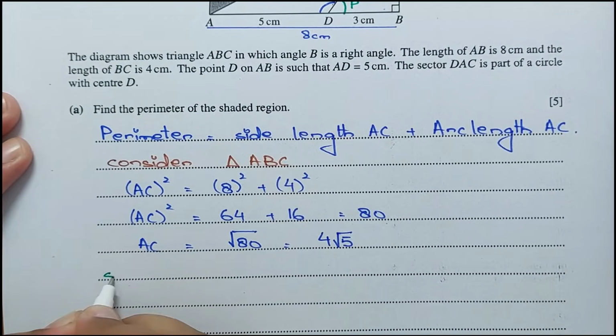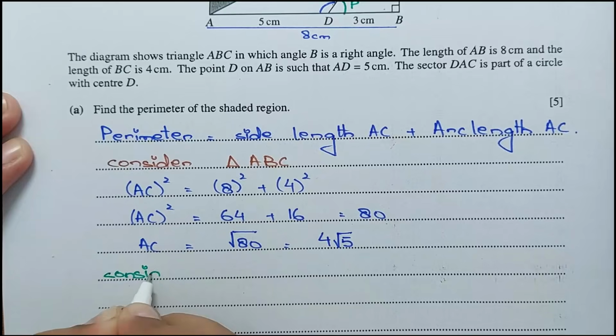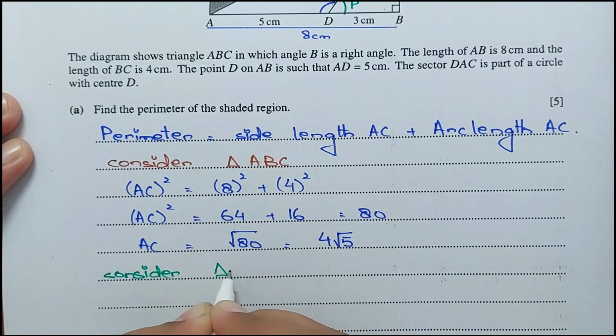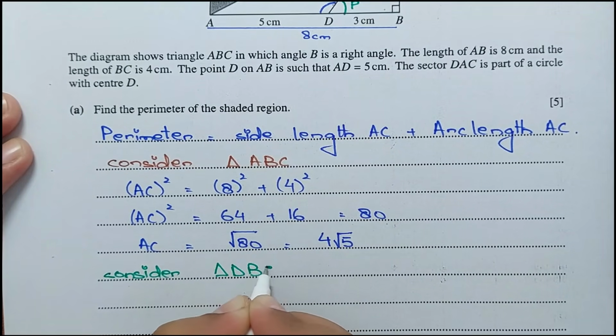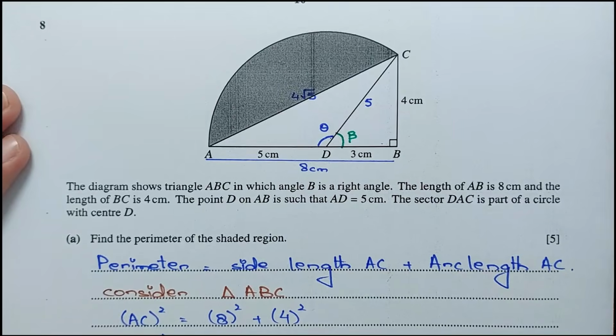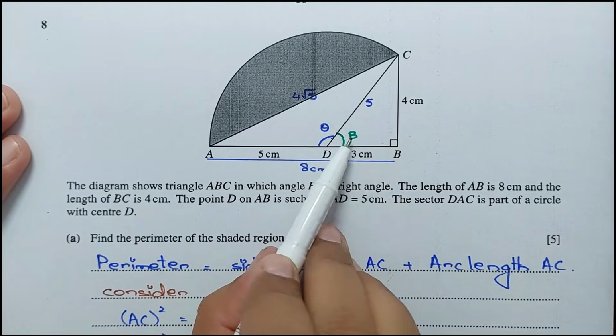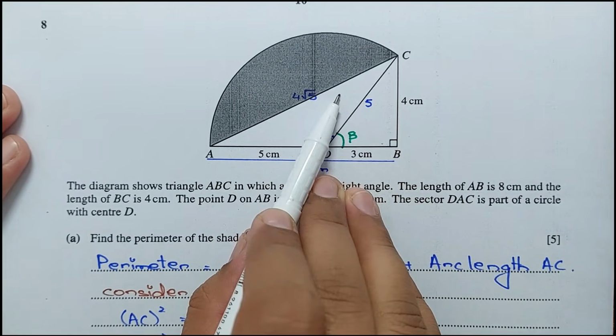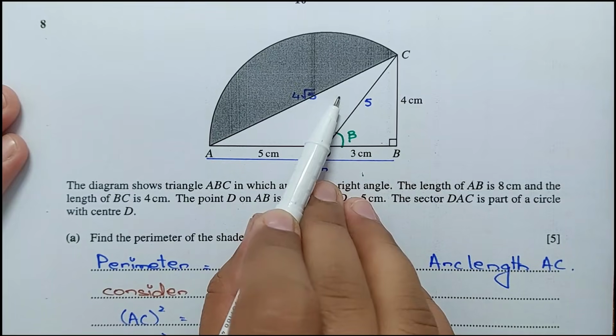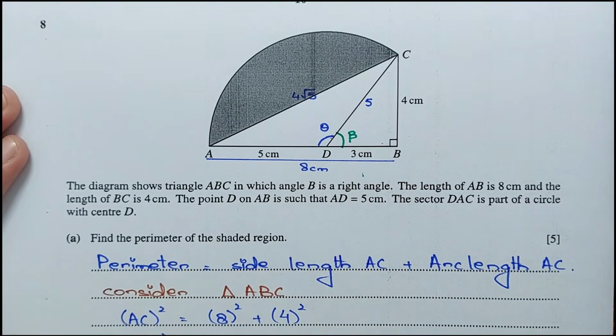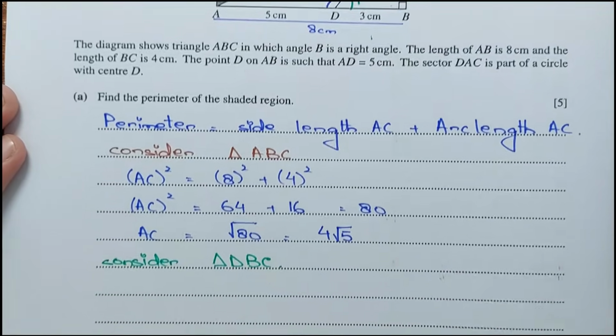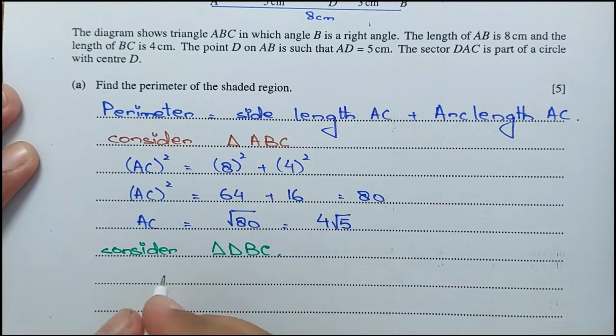So here we can consider triangle DBC. For right angle triangle, we can use the trigonometric ratios. So we have opposite over hypotenuse, adjacent over hypotenuse, opposite over adjacent. Everything is given, so it is up to you which ratio you want to use.